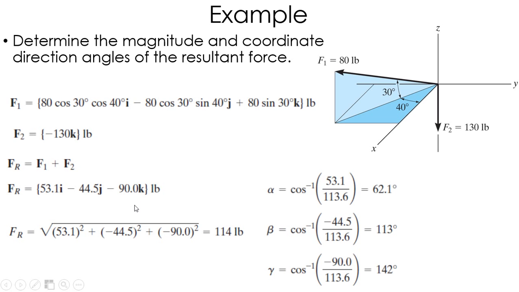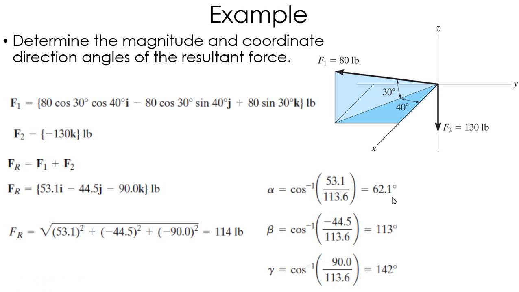But if I do want to find those coordinate direction angles, I just use those equations we talked about in the lecture. Alpha, beta, gamma is just going to be the inverse cosine of ax over a, ay over a, and az over a. So I get the 53.1, negative 44.5, negative 90. Plugging those into your calculator, I get these angles. Now the problem is these angles are really hard to visualize.